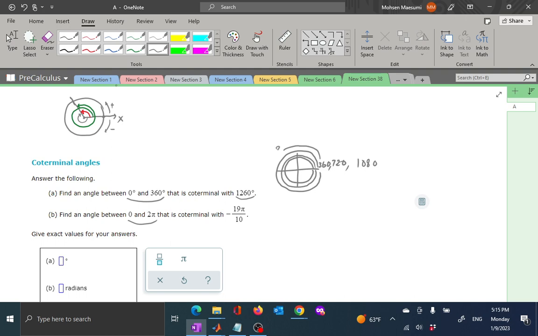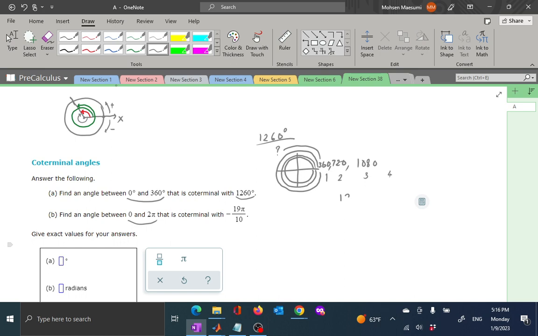We don't know exactly where he's going to stop, at what angle. He goes up to 1260 degrees. Well, what's the extra he is traveling on? Well, this was the first round, second round, third round. On the fourth round, how much extra is he going?